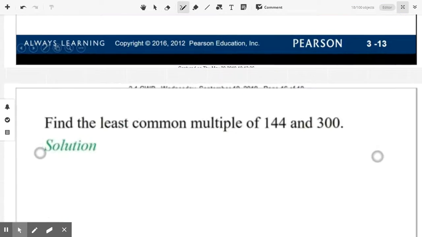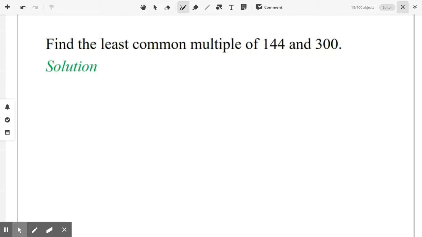Let's look at this. All right, so we've got 144 and 300. First part is we're going to do the exact same thing we just did, which is find the prime factorization.